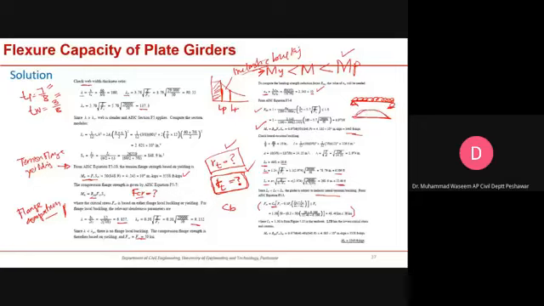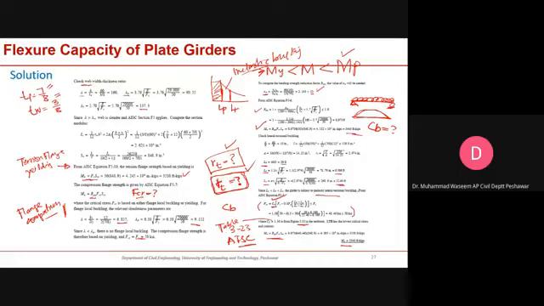And for this, you have to calculate the CB value and then use it here. Or you can use the textbook, or you can go to the manual. If you remember, I think it is Table 3.2 in the AISC manual.